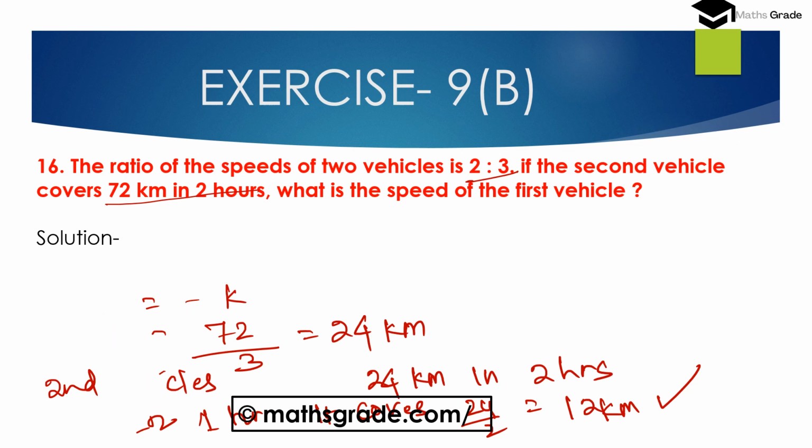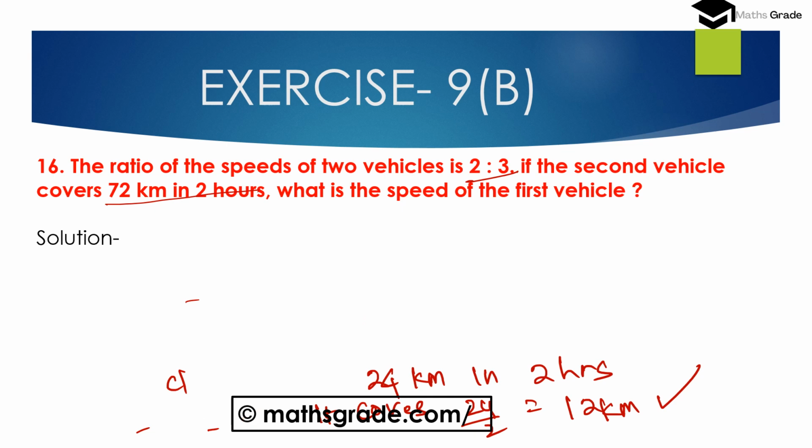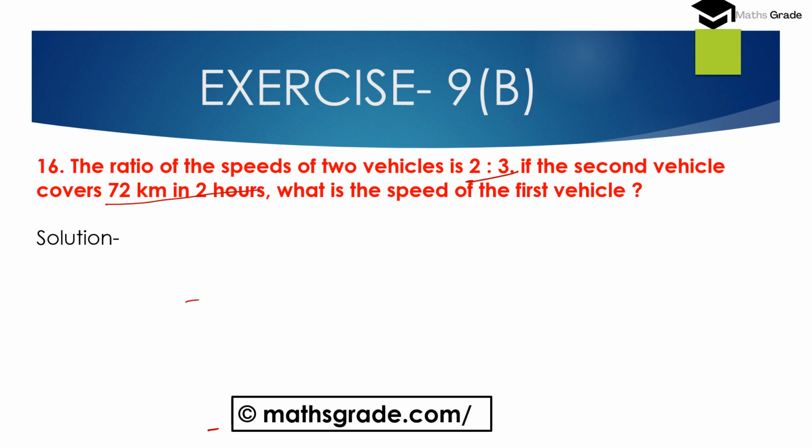So the second vehicle covers 12 km in 1 hour. Then we have to find out the speed of the first vehicle.